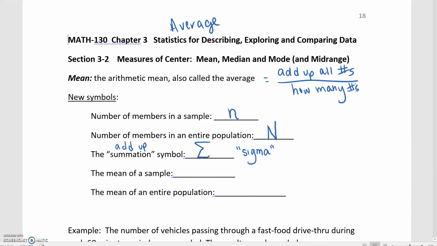The mean of a sample, if we have a sample and we're taking the average, the symbol is x with a bar over it, and we call this x bar. And if we mean the mean of an entire population, we use this funny looking kind of m, a Greek m, called mu. So just mu.